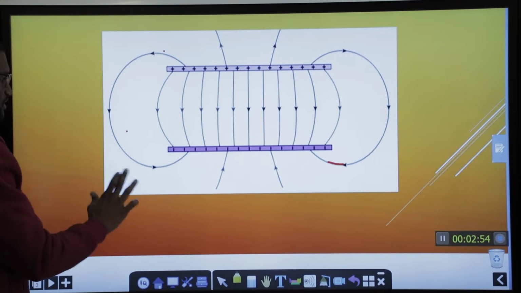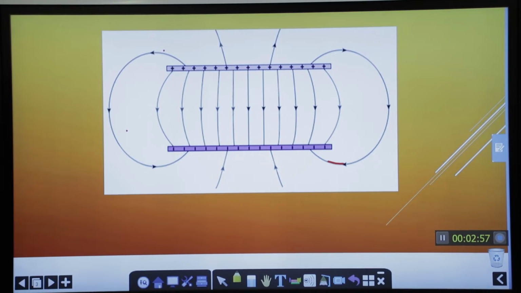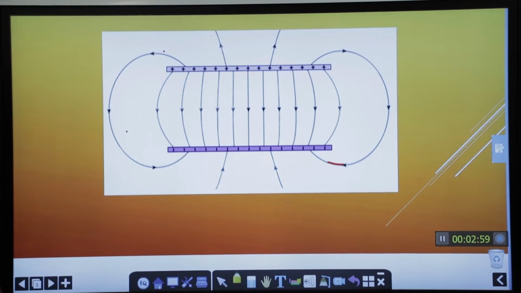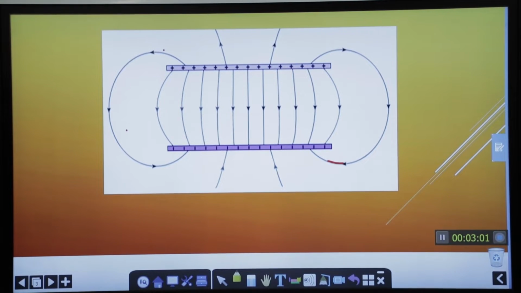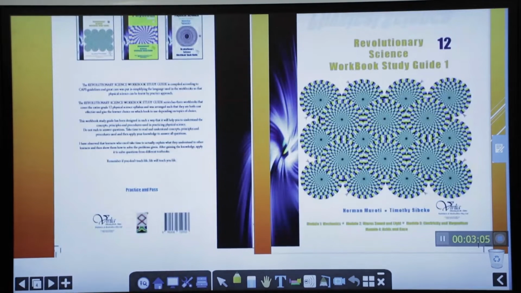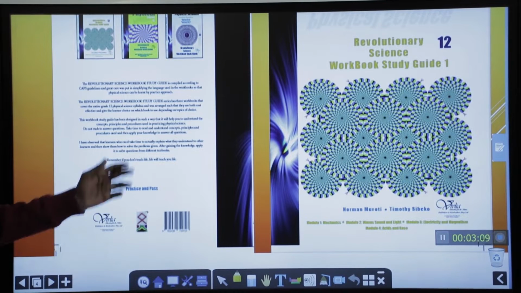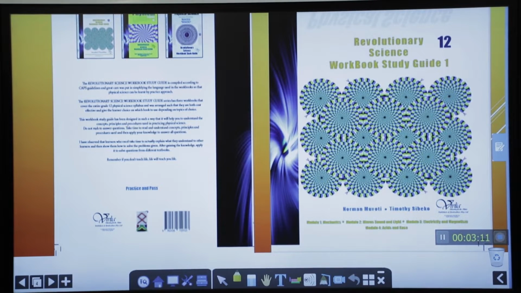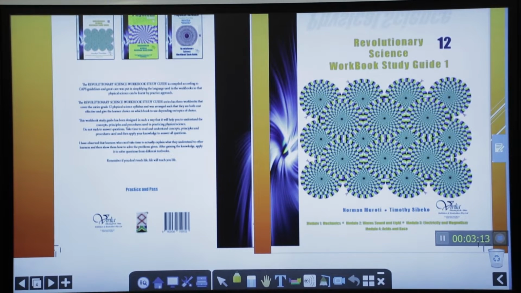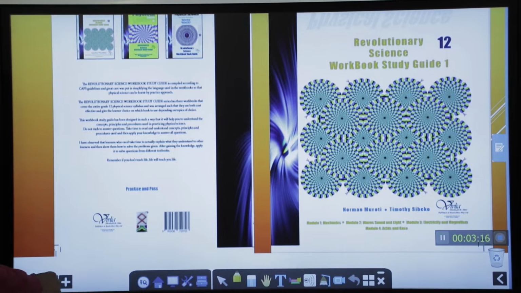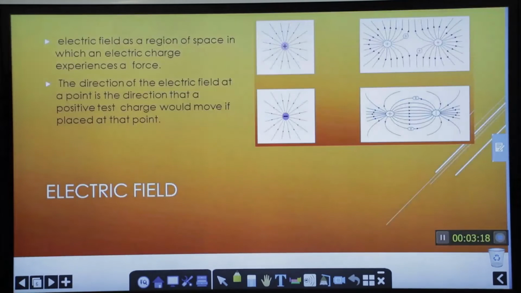Alright, I'm sure this gives you a clear picture of how the electric field lines would look like in different situations. This and other pictures of electric fields you can find within our workbook, the workbook Study Guide 1, Revolutionary Science, by Norman Mvotsi and Timothy Siveko.